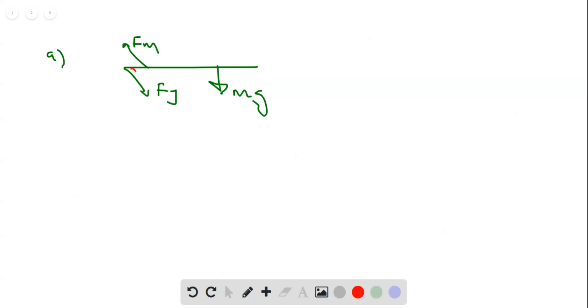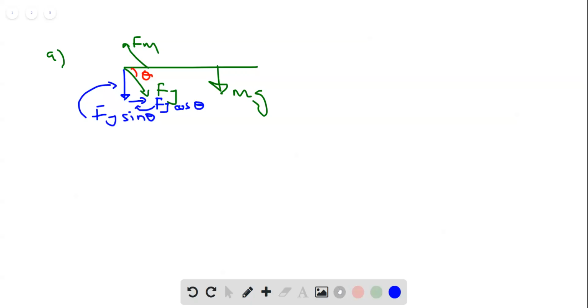There's an angle theta that Fj makes with the horizontal, such that it has 2 components, Fj sine of theta and another component this way, Fj cosine of theta.